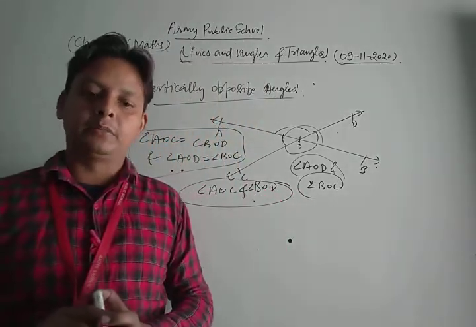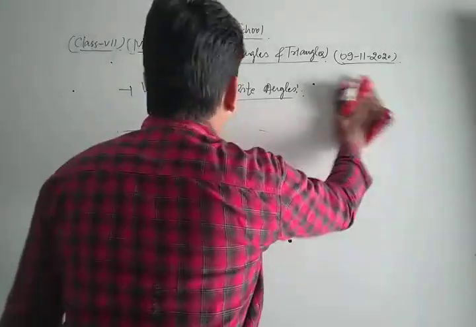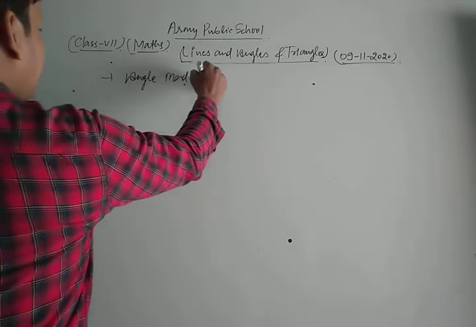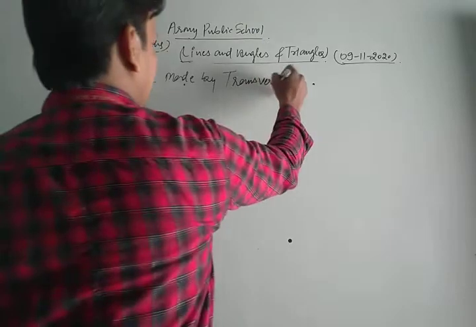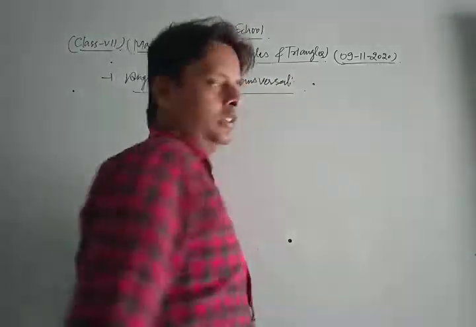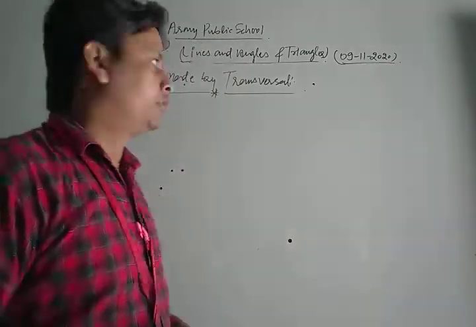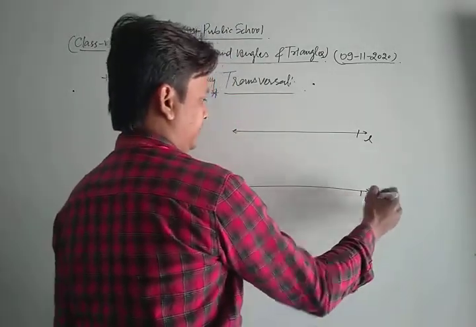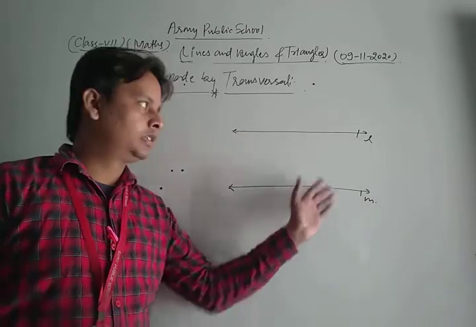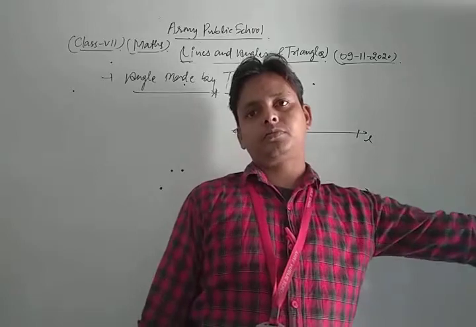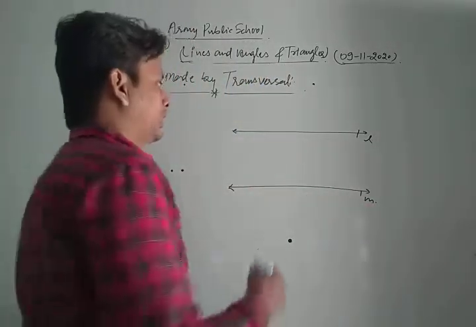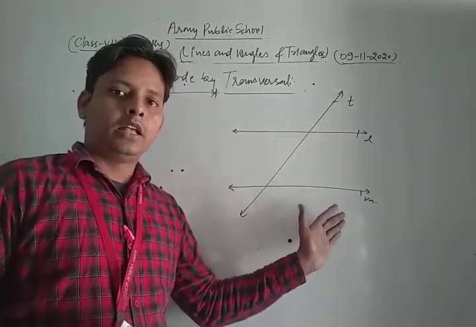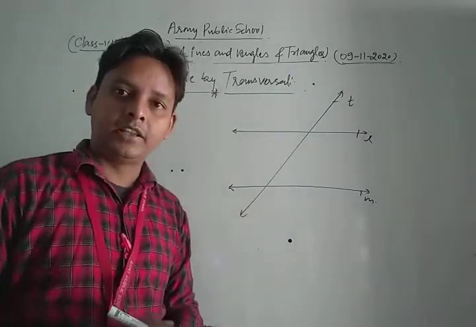So this is the very important concept related to vertically opposite angles. Now we are going to discuss the angles made by a transversal. Dear students, suppose there are two parallel lines L and M, and they are cut by a third line T at two distinct points.